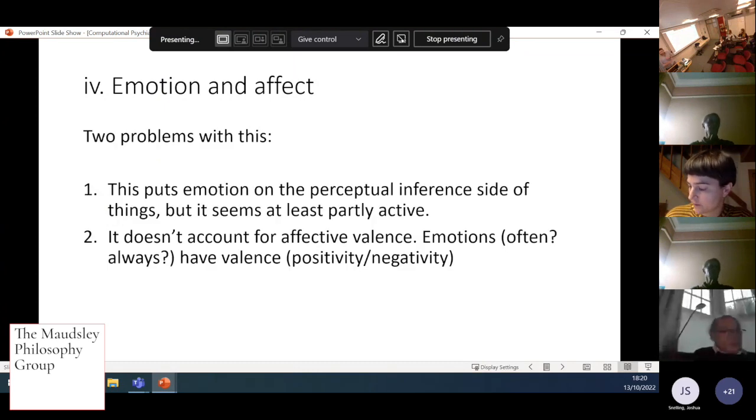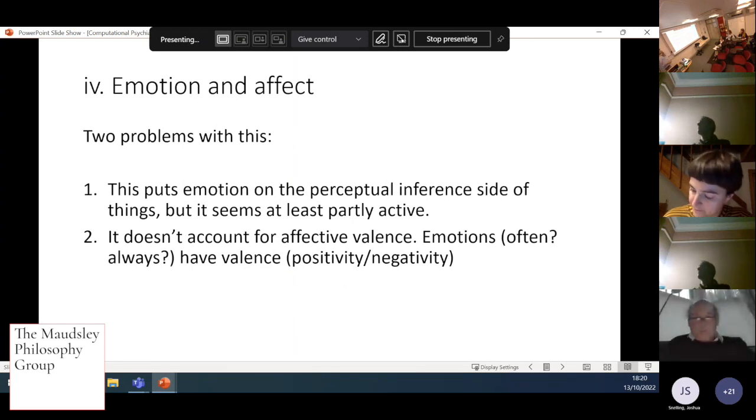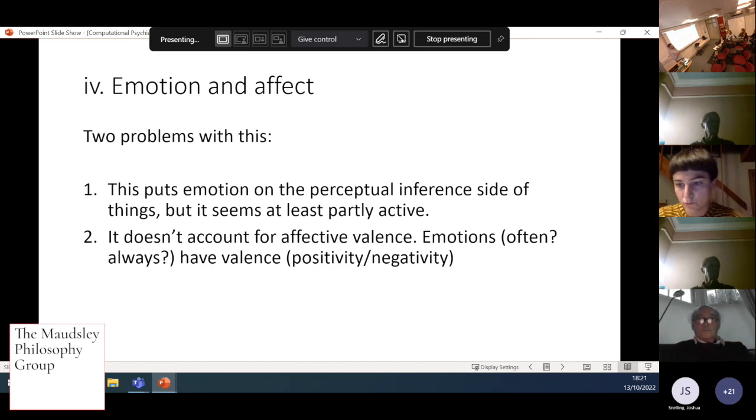But people have thought that this doesn't quite work. It puts emotion on the perceptual inference side of things, but it seems like it should be at least partly on the active inference side of things. And it doesn't account for affective valence. So once you've selected a hypothesis to explain away your interoceptive signals, that doesn't carry any positivity or negativity with it.